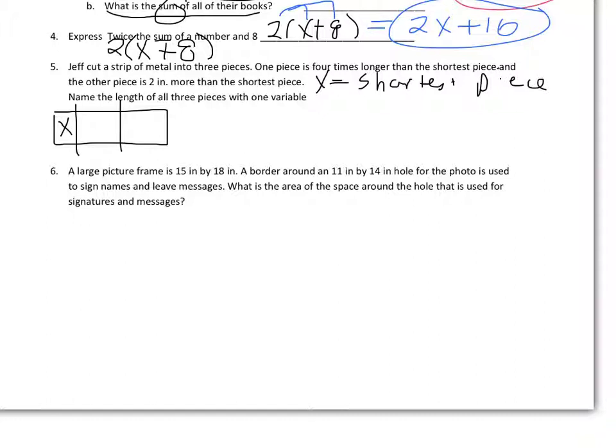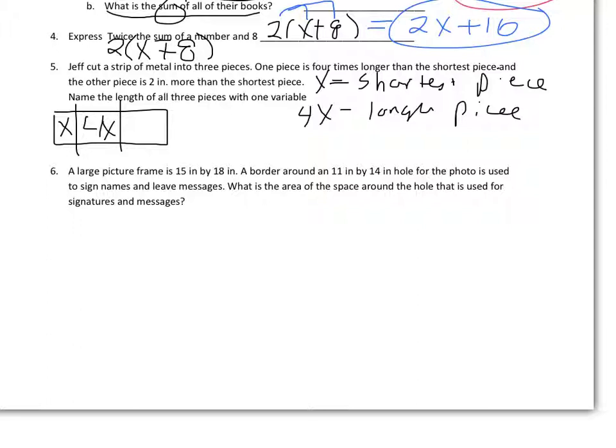Okay. Now, it goes on to say that one piece is 4 times longer than the shortest. So let's say one piece. 4 times means we're multiplying by the shortest piece. So one of them is 4x. This is the longer piece. Then it says the other piece is 2 inches more than.